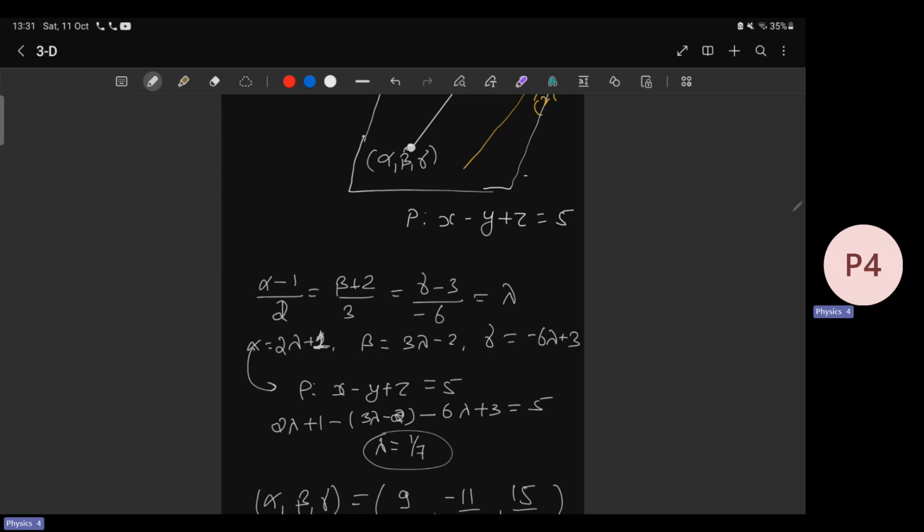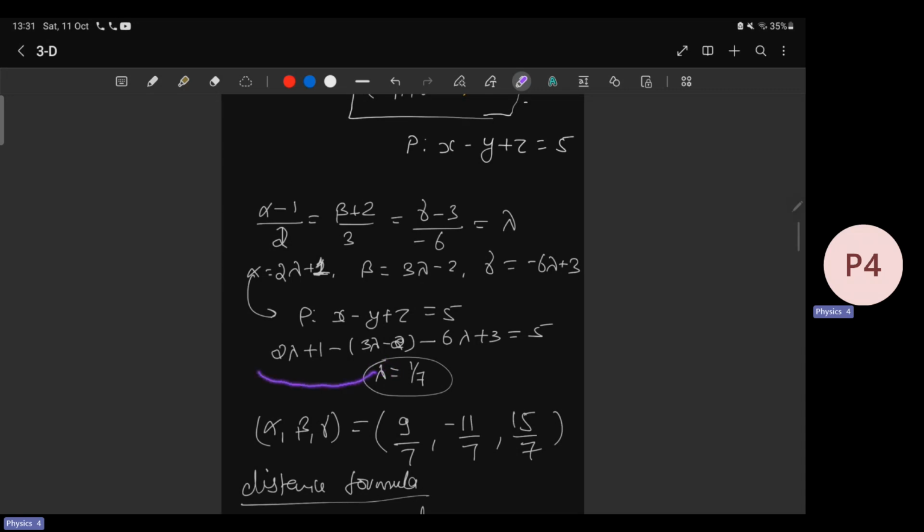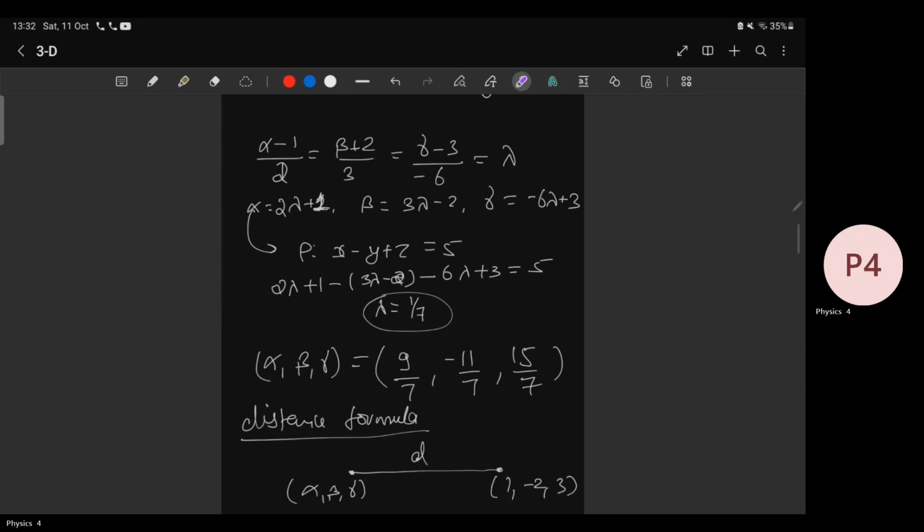Now we substitute the value of lambda and we will get alpha, beta and gamma. So alpha will be 9 by 7, beta will be minus 11 by 7, gamma will be 15 by 7.